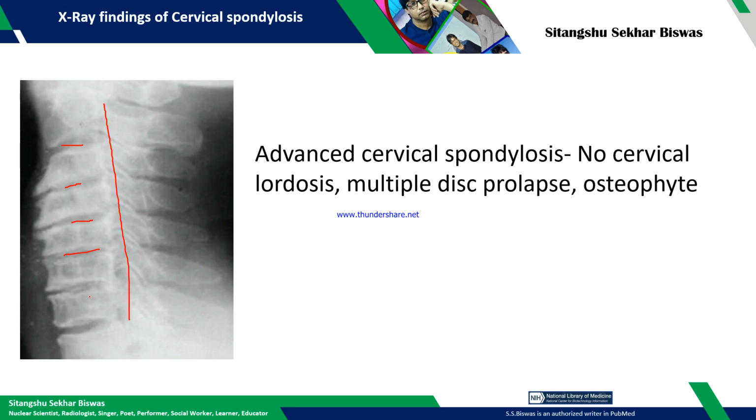Okay, so you can tell that there is a multiple disc prolapse, and also osteophytes everywhere, all the places you can see. Okay, so this is an advanced cervical spondylosis.